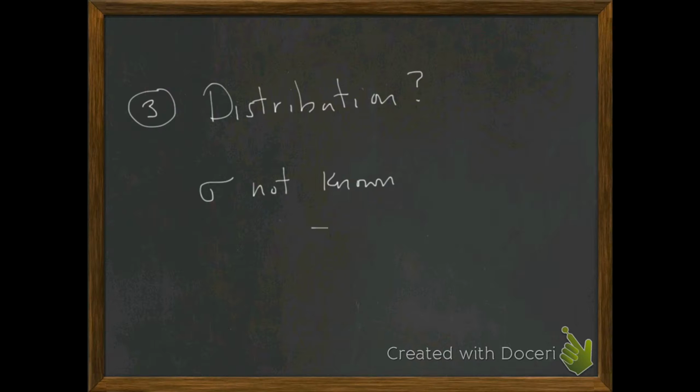Next thing that's really important: what's the underlying probability distribution look like? When the population standard deviation is not known, we deal with the t-distribution. T-distribution is a function of your degrees of freedom, which is n minus 1. So guys, we are making our calculations based on the t-distribution, degrees of freedom equal to 9.